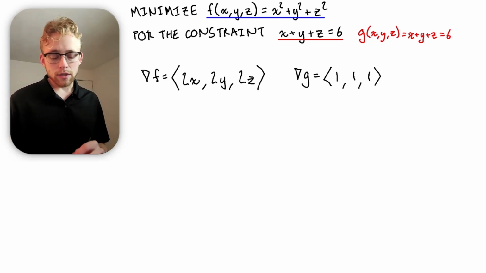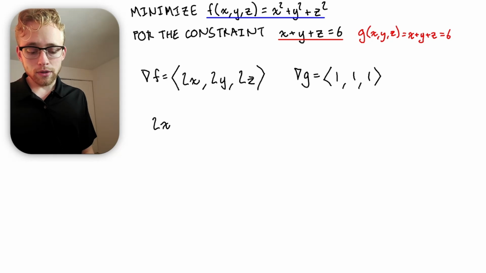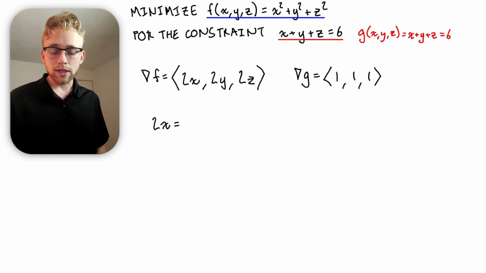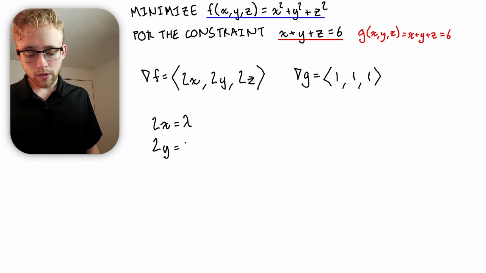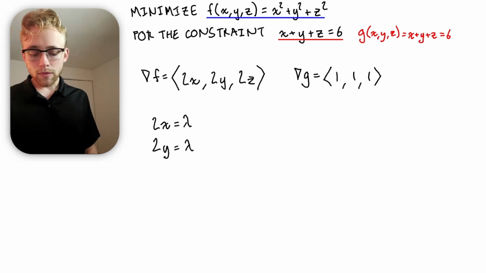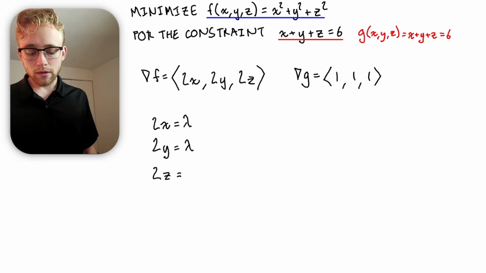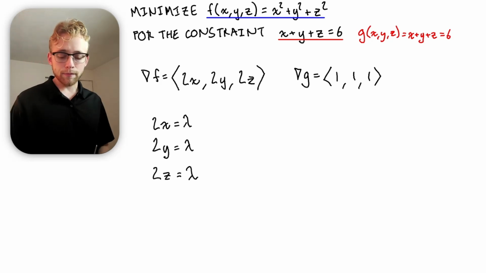All right. So let's write our system of equations. We have 2x equals 1 times lambda, which is just lambda. 2y equals lambda. And 2z equals lambda.